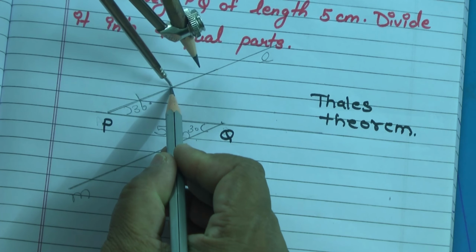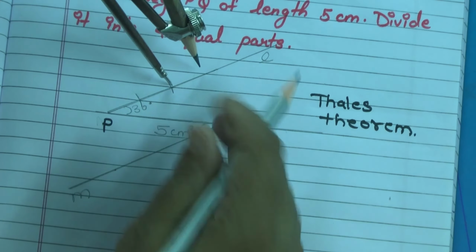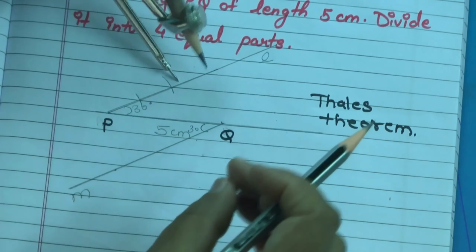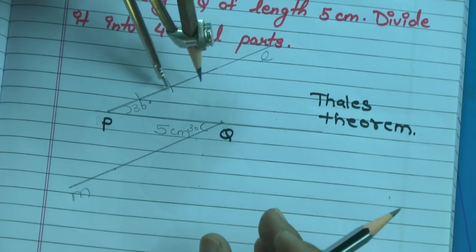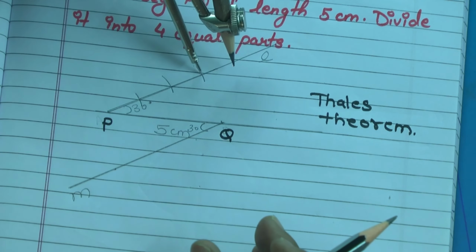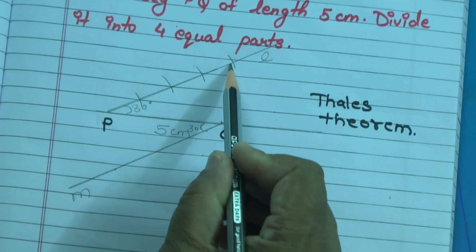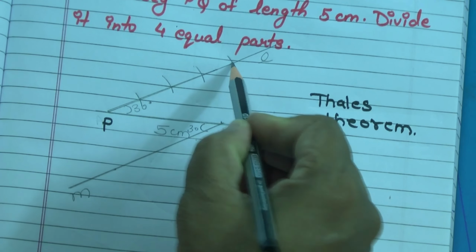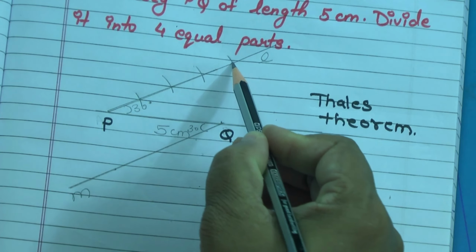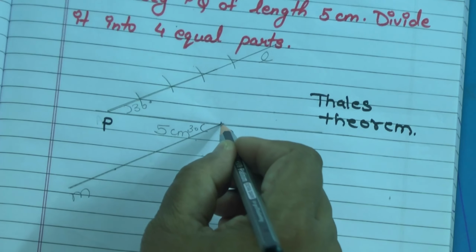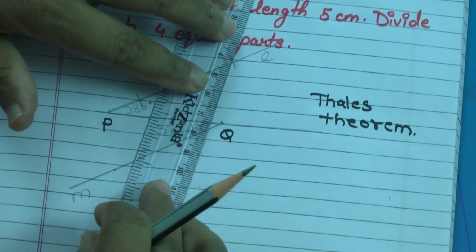Now the third division. And the fourth division. 1, 2, 3, 4. The last arc which I have made, that and this point are to be joined.